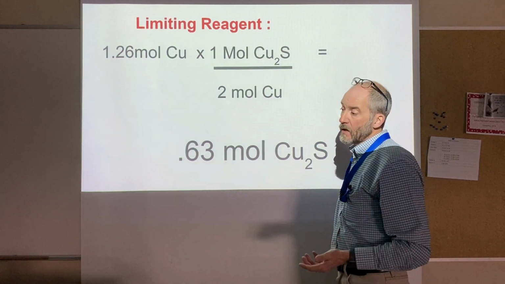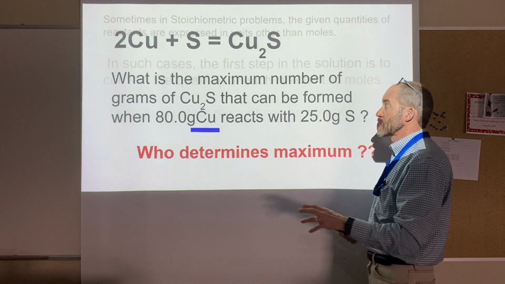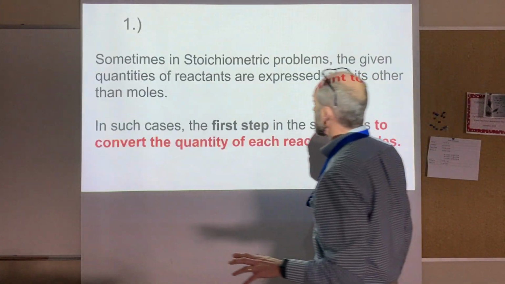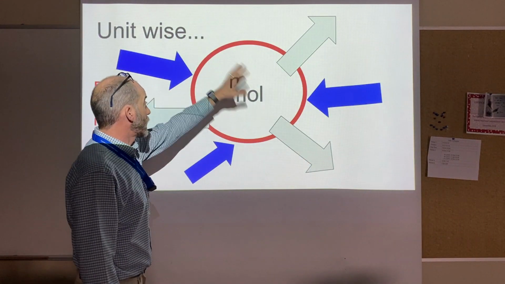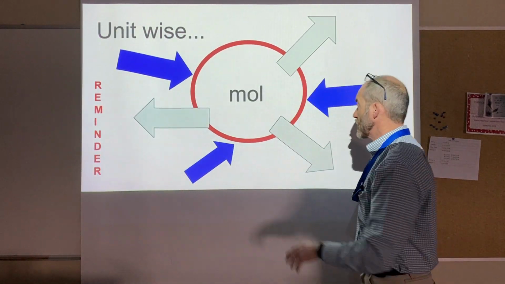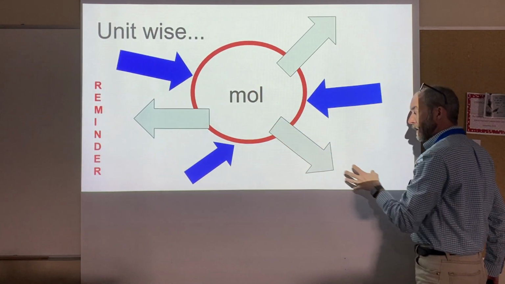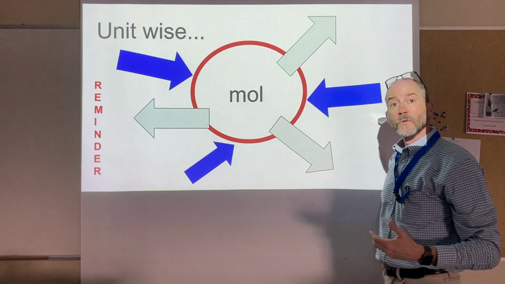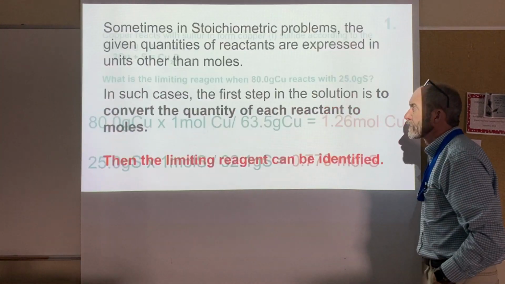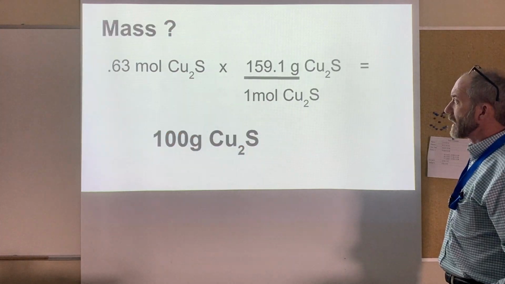So what are you going to do? Well, you're going to say, okay, once I'm in the mole, I remember this slide you showed us earlier, once I get in here, I can go just about any direction I want. So I can easily come out of mole and go to grams if I use molar mass. Sure you can. So what are you going to do? Last slide.